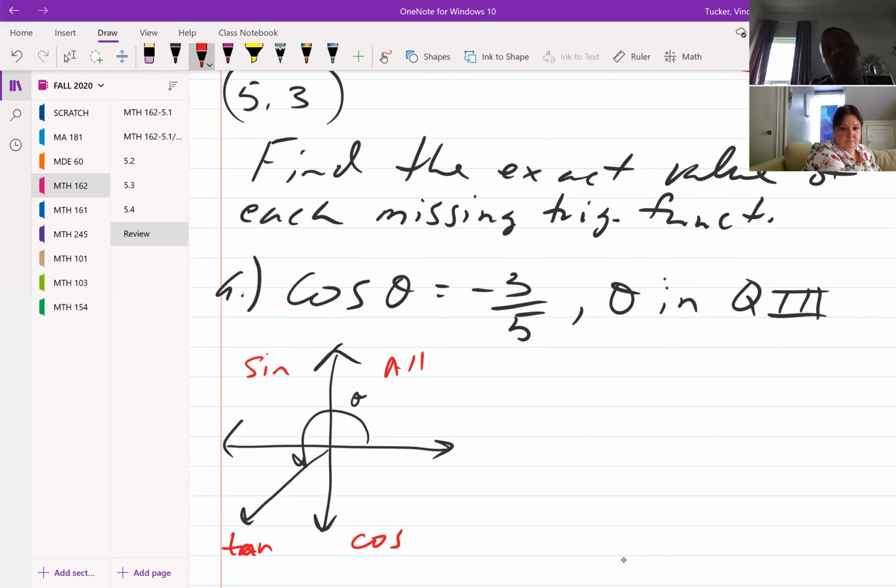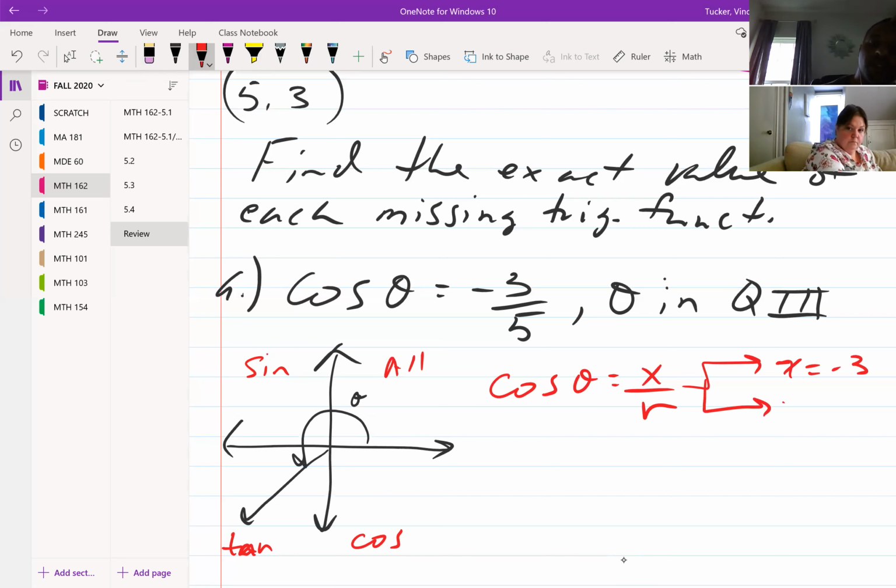Also, we need y. Cosine is x over r, and r is always positive. So from this, we know that x is -3, r is 5, and we need y.